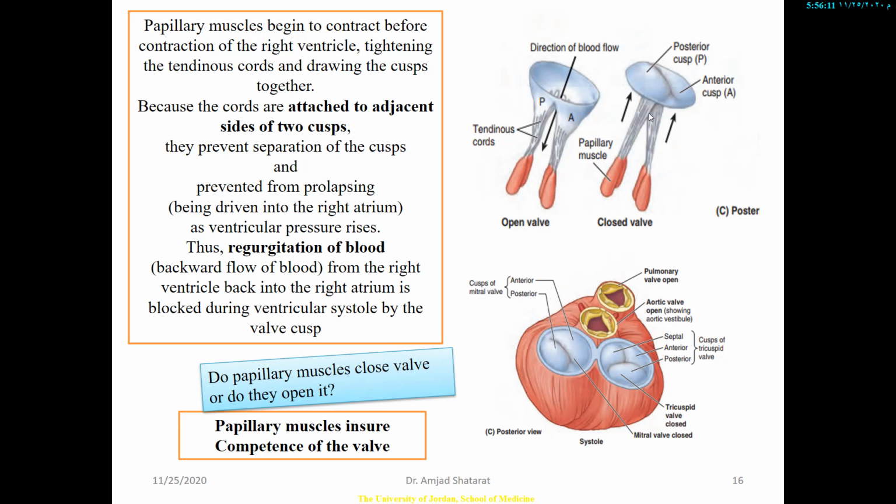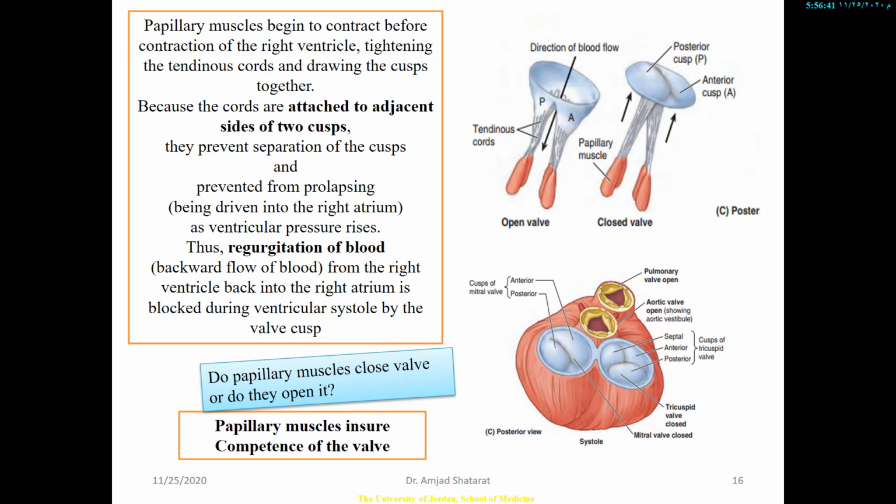The pressure is huge, and it would try to go backward to the right atrium, whereas the pressure there is much lower. And just at this moment, the papillary muscles would contract, and they would do the opposite of what you think.